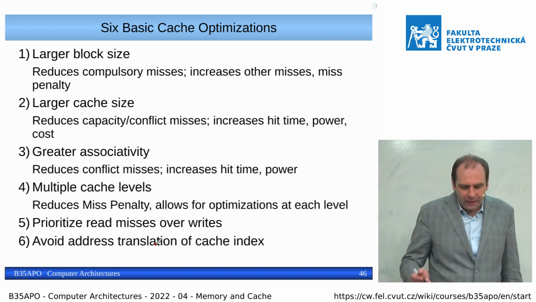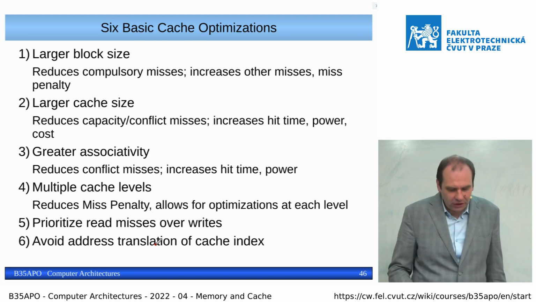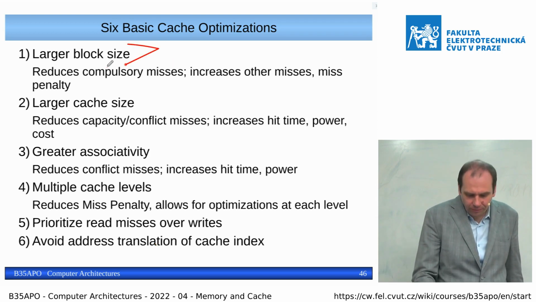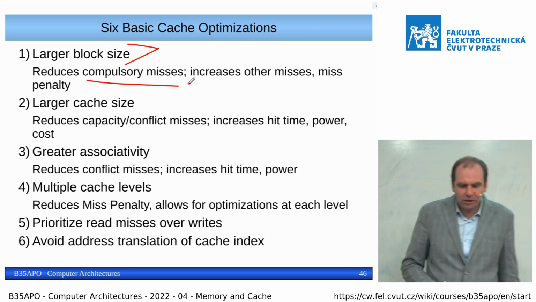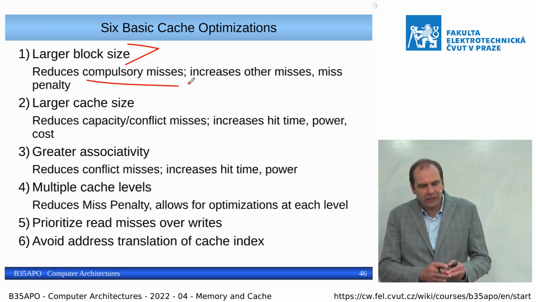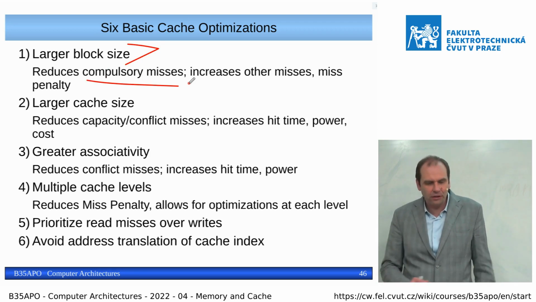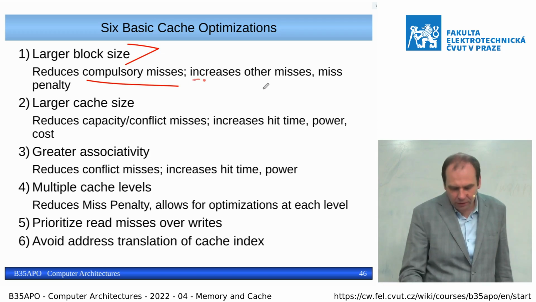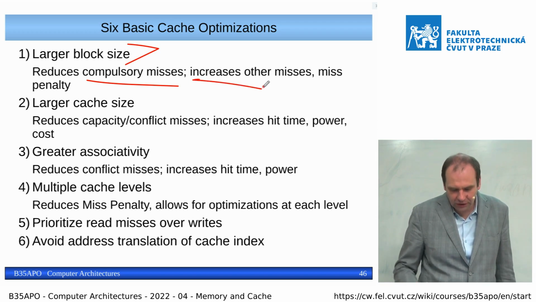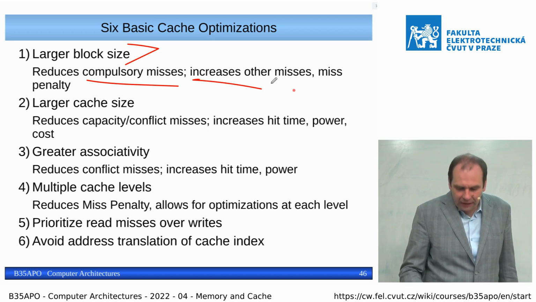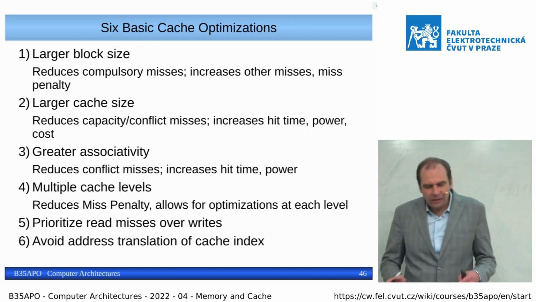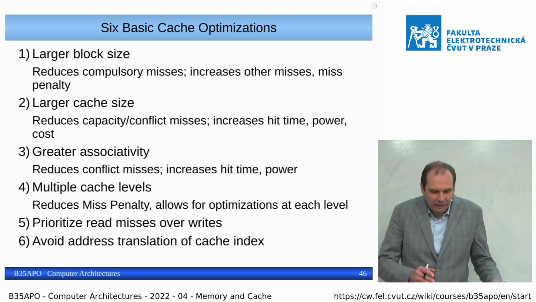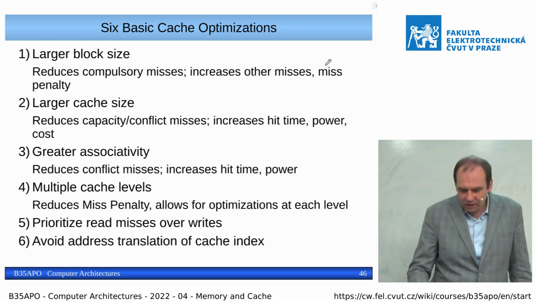So there are some optimizations. If we have a larger block size, we reduce the compulsory misses, those given by the access of a neighboring element or a sequence of locations in the memory. But we increase other misses because we pull data into the cache which are sometimes of no use.